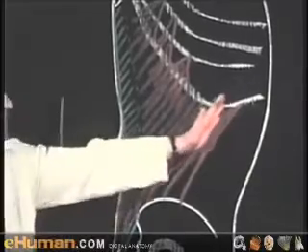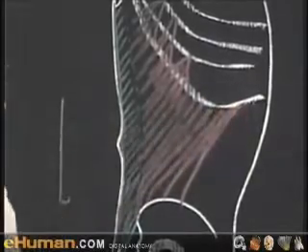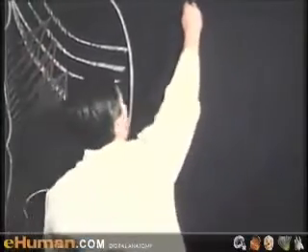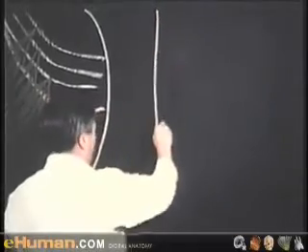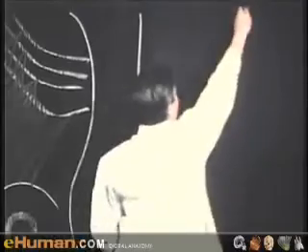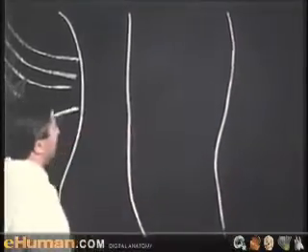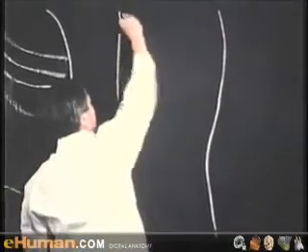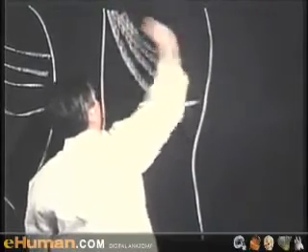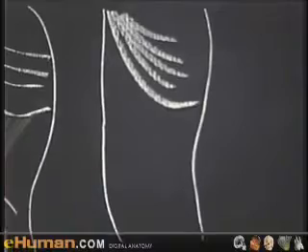So I'm going to move across to make another diagram alongside this showing the origin and insertion of the internal oblique muscle. Once again, I'll indicate the anterior abdominal wall in the midline, and the posterior wall. And here is the costal margin coming down, and the other costal cartilages and ribs above that level.